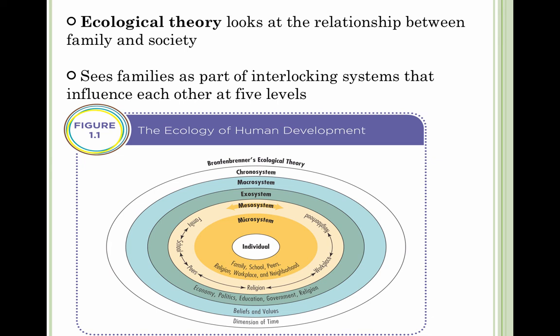And then the chronosystem, as chronos suggests, is a dimension of time as it relates to social environment. The external influences refer to historical periods and cohorts. So this has to do with the different age groups of society and how they will affect, over time, the changing effects on family.